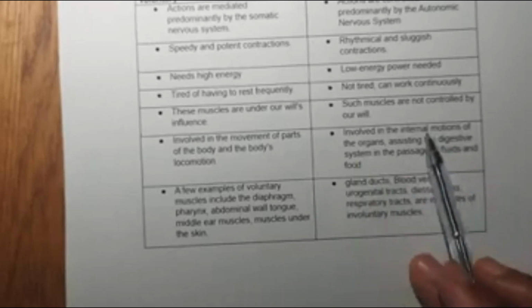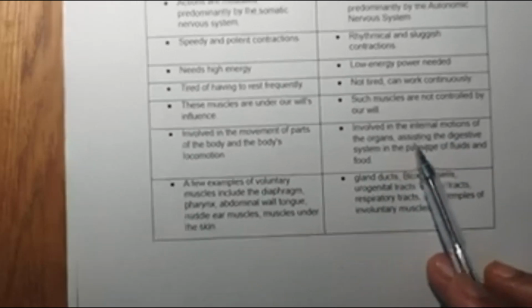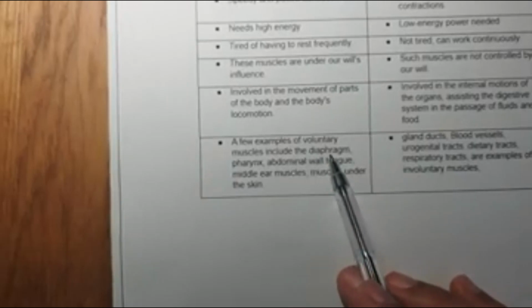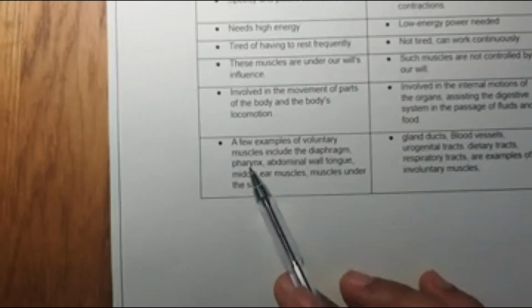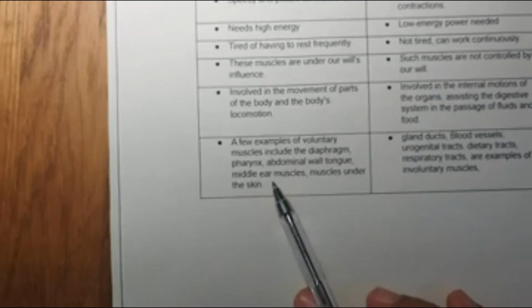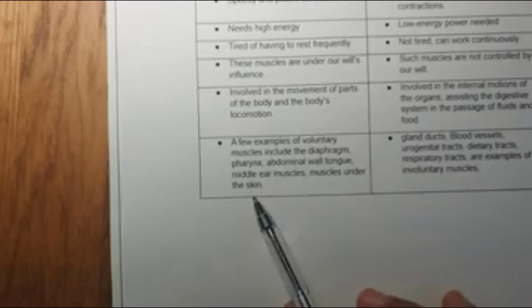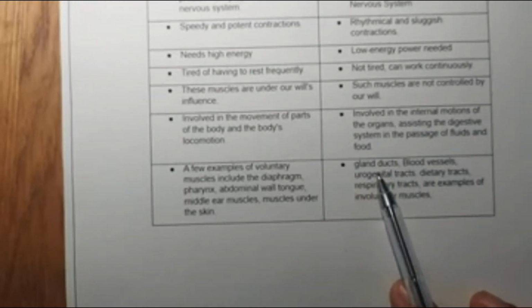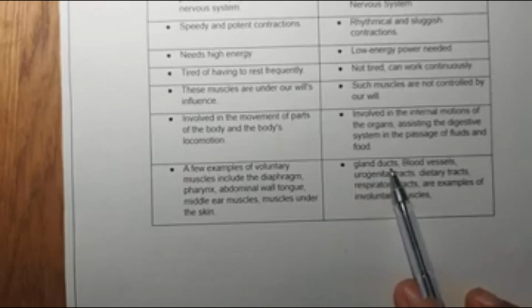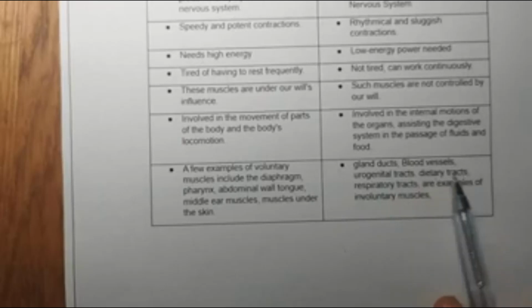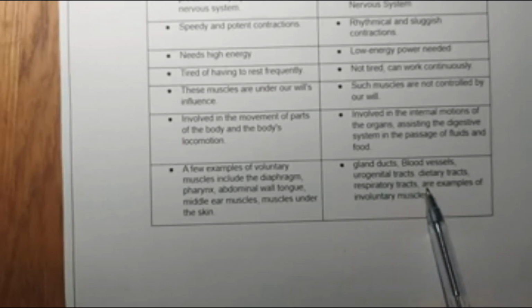Examples of voluntary muscles are the diaphragm moving for respiration, pharynx, abdominal wall, tongue, middle ear muscles, and muscles under the skin. Involuntary muscles include gland ducts, blood vessel muscles, urogenital tract muscles, gastrointestinal tract, respiratory tract, and heart muscles.